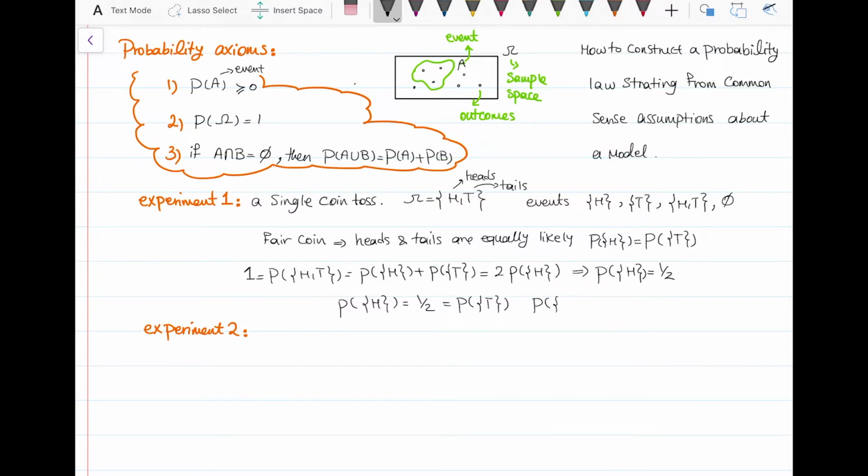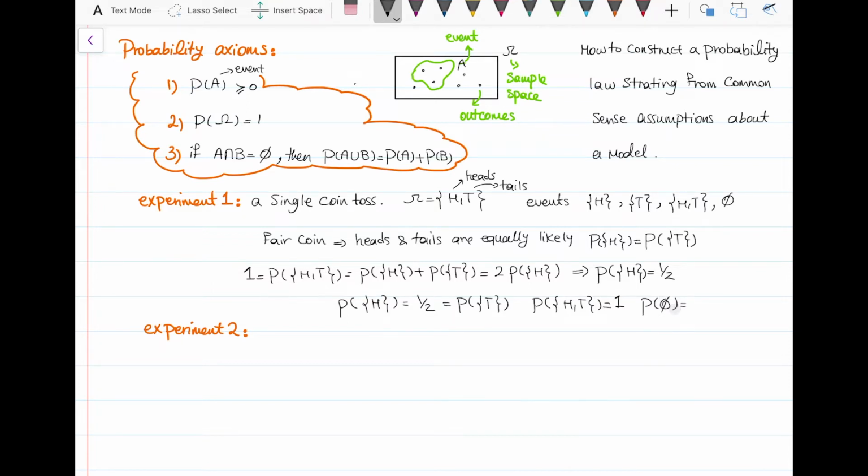because we have a fair coin. The probability of the sample space is 1. How about the probability of the empty set? One of the outcomes for sure is going to happen, so we get heads or tails if we just toss the coin.